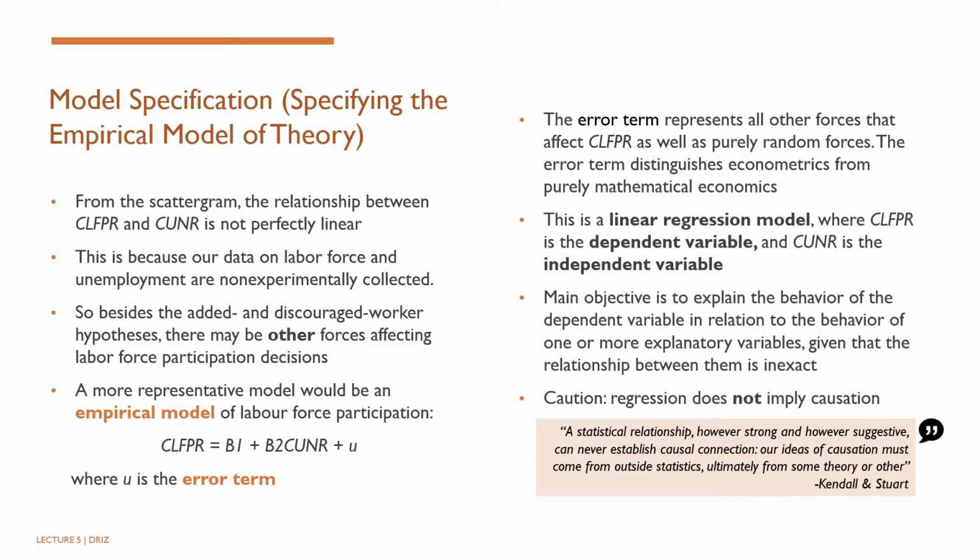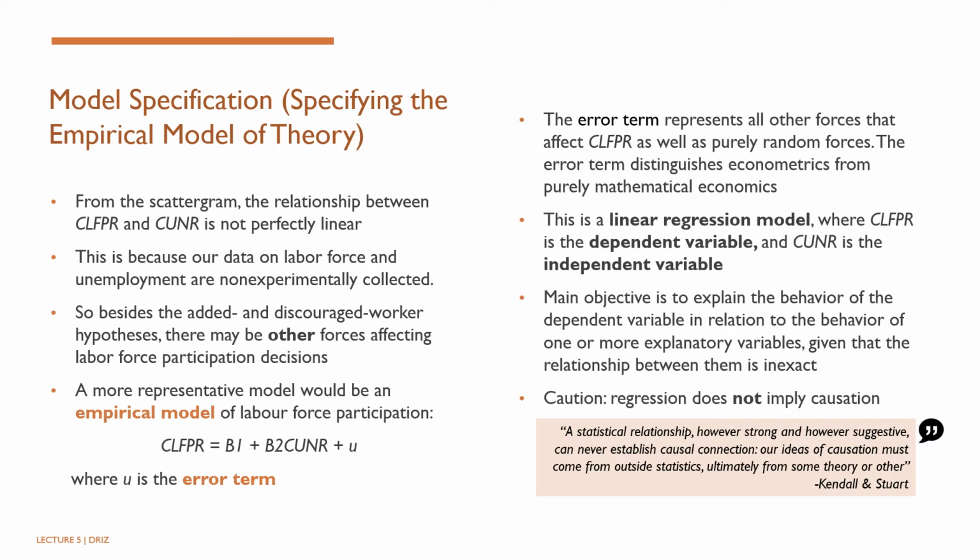Remember that our data on labor force and unemployment are non-experimentally collected. That is, we don't have control over the data. Therefore, besides the added and discouraged worker hypothesis, there may be other forces affecting labor force participation decisions. As a result, the observed relationship between CLFPR and CUNR is likely to be imprecise.